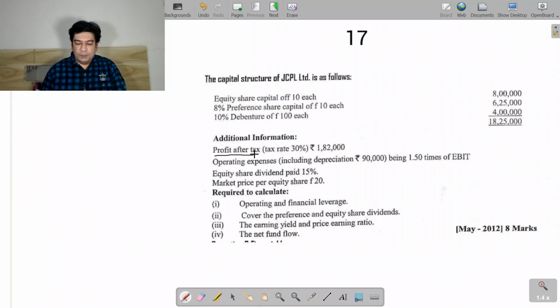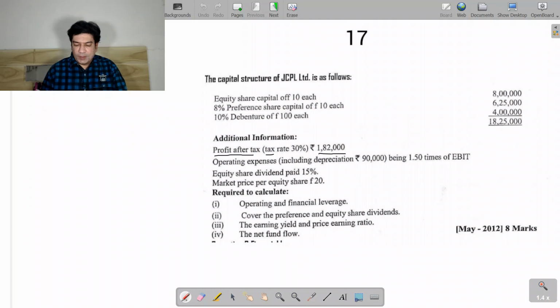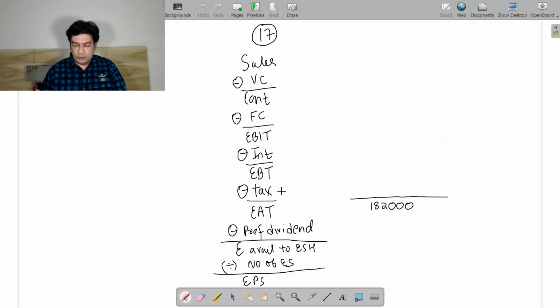Now they have given profit after tax, which is 1,82,000. So the earnings after tax, 1,82,000, this they have given to us. Then the tax rate is 30%. So I can say that 100 rupees is my EBT. So 30 rupees is my tax, that is 30% of 100. So my EAT will be 70.